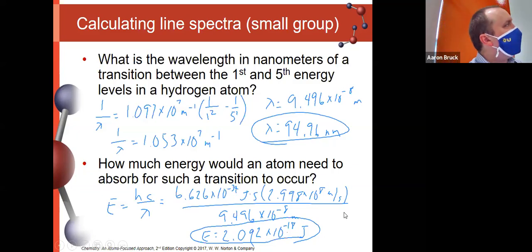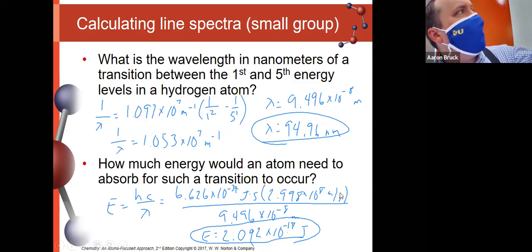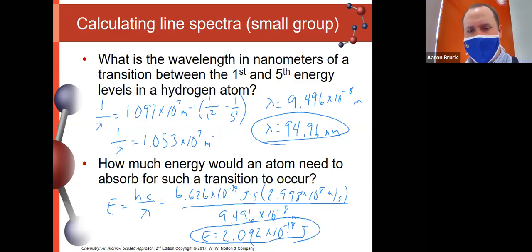So walking around, most of you got the wavelength part, or at least got close. You should have come out around the neighborhood of 95 nanometers for the wavelength.